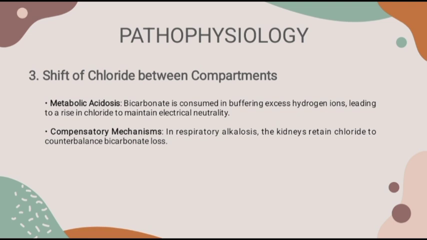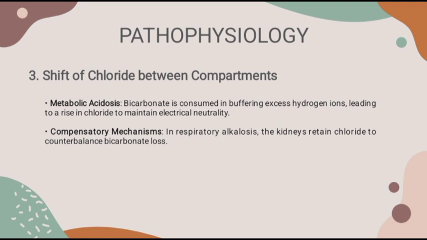So, this loss of bicarbonate is one of the reasons why the body's acid-base balance is thrown off during metabolic acidosis. So, para ma-maintain yung electrical neutrality, or yung balance ng positive and negative charge sa blood, the body allows the chloride levels na tumaas as the bicarbonate drops.